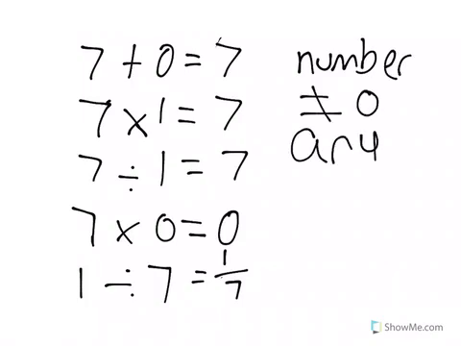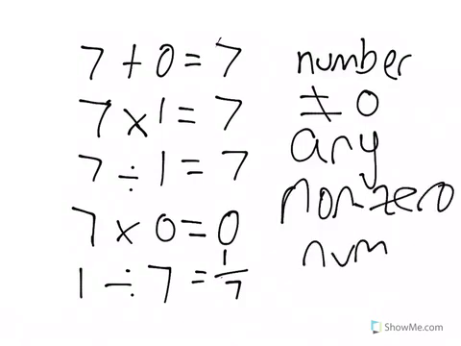So it would have to be any non-zero number for a few reasons. Division by 0 is undefined. You cannot make 0 groups of an object, and the group size can't be 0. So if you take that number 4, or in this case the number 7, and replace it with any number besides 0, all the number sentences will still be true.